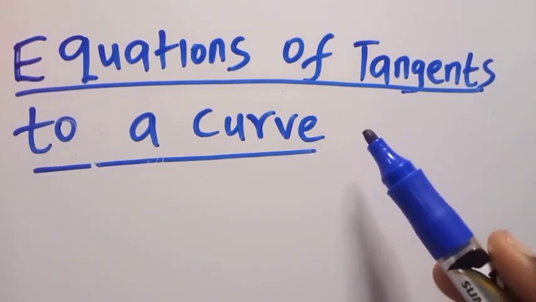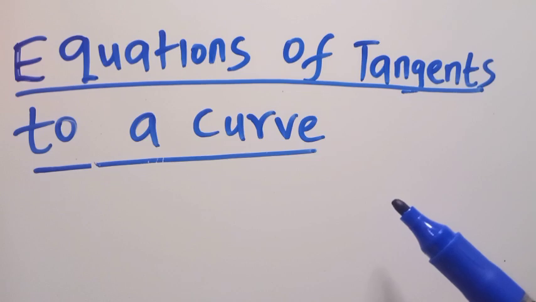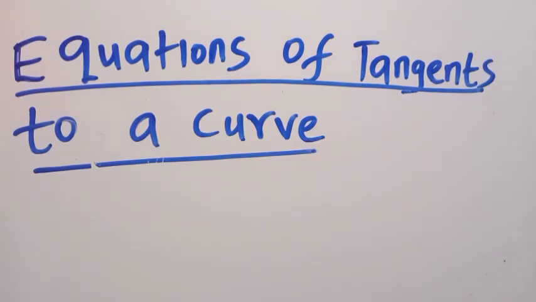The gradient of a tangent to a curve is the same as the gradient of the curve at the same point. Now, I want us to have a look at this question.